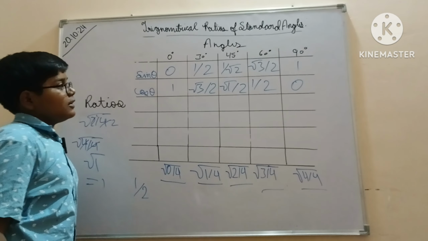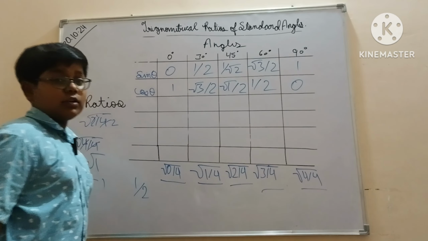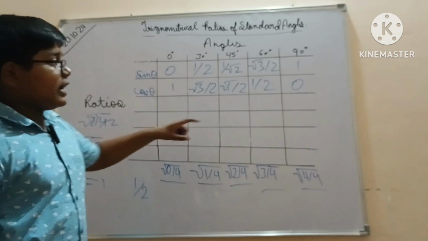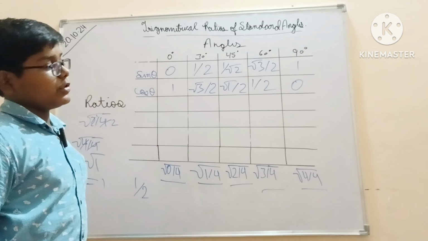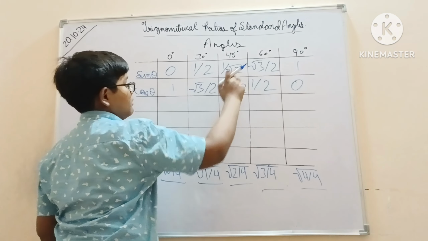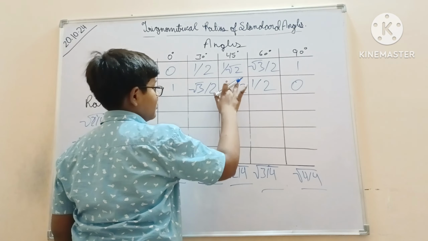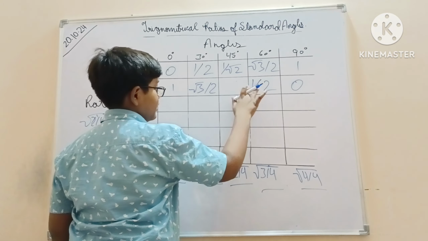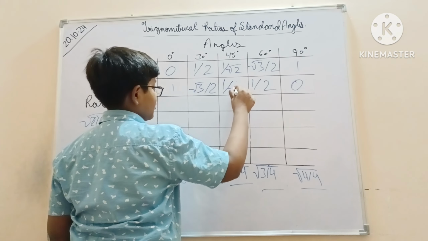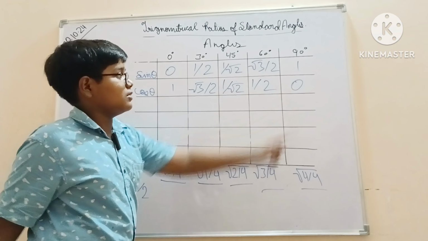So we have found all the standard angles for cos theta by turning the values to the opposite side, which are 1, root 3 by 2, 1 by root 2, 1 by 2, and 0. It will not be 1 by 2 for 45, it will become 1 by root 2.